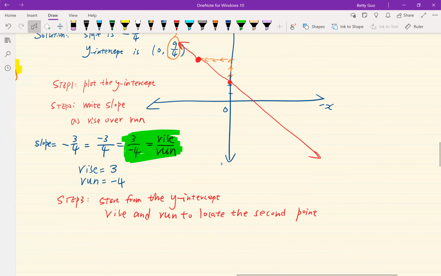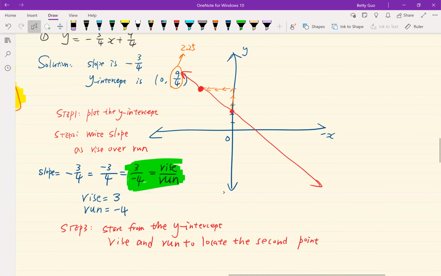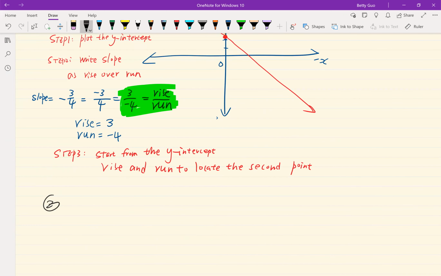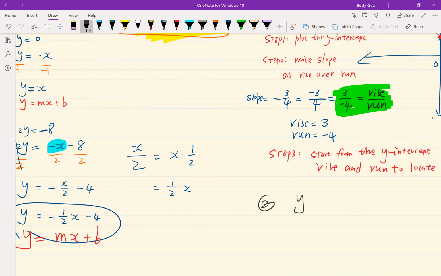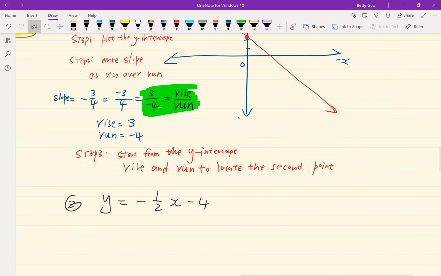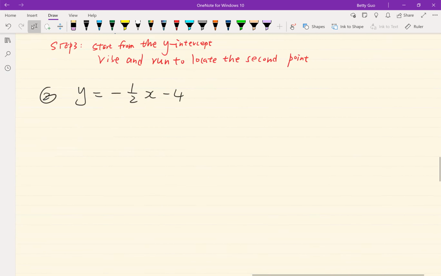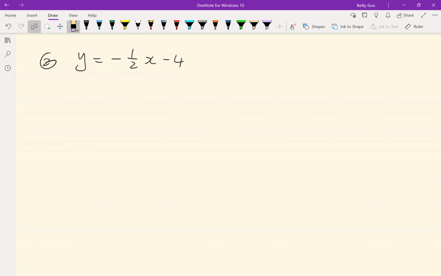Yeah, I want you to look at this example and graph this line. Y equals -1/2 x minus 4. Graph this line. Take your time. Can you tell me what's the slope?